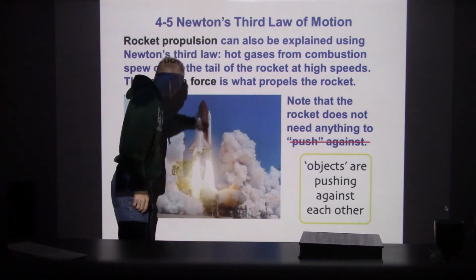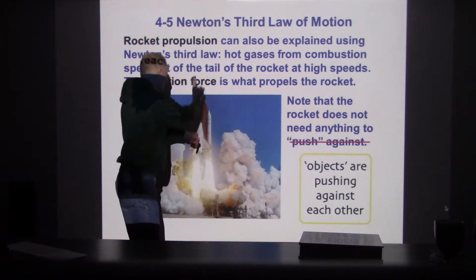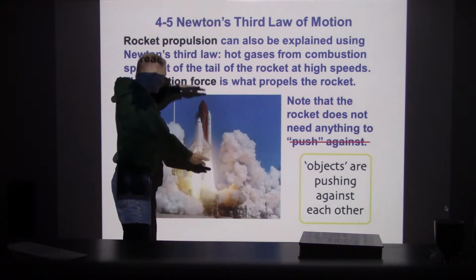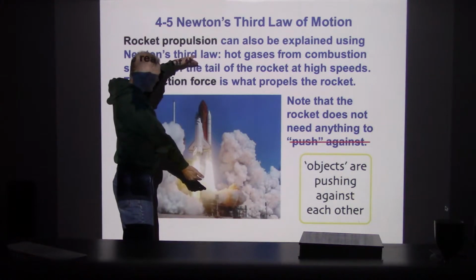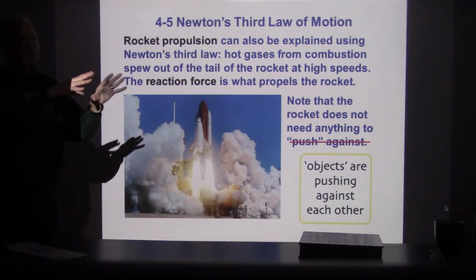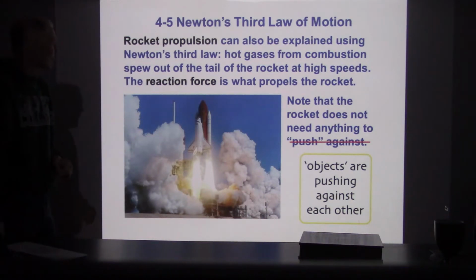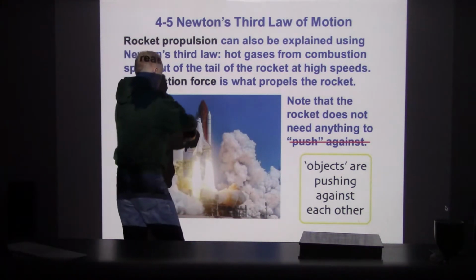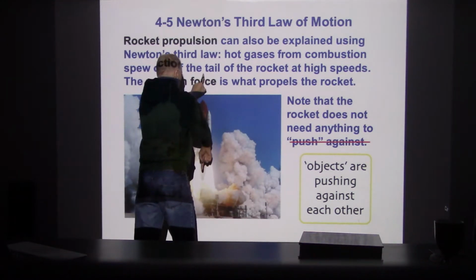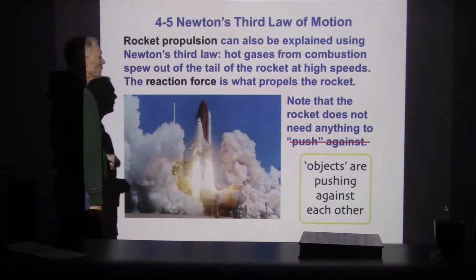The rocket pushed down on the gas molecules, the gas molecules pushed up, and by the third law these two objects are pushing against each other, and they're going to separate. So the fuel used to be at rest inside this rocket, but when the fuel pushes against the rocket and the rocket pushes against the fuel, they push each other in opposite directions.